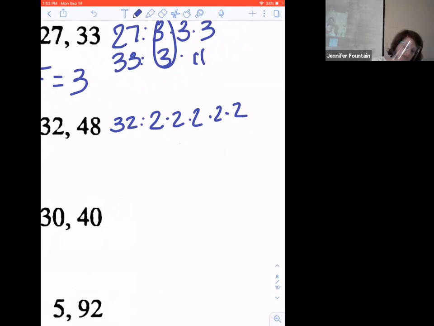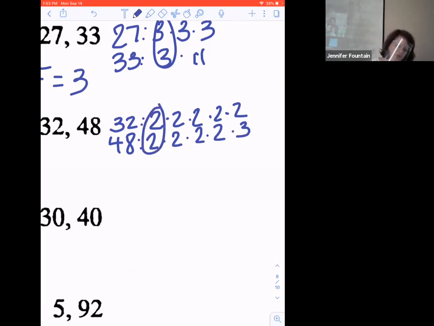So I'm good there. Now for 48. Smallest prime factor, 2, and that's 2 times 24. Smallest prime factor of 24 is 2, and that's 2 times 12. Smallest prime factor of 12 is 2 times 6, and 6 is 2 times 3. I want to make sure to group everything correctly.